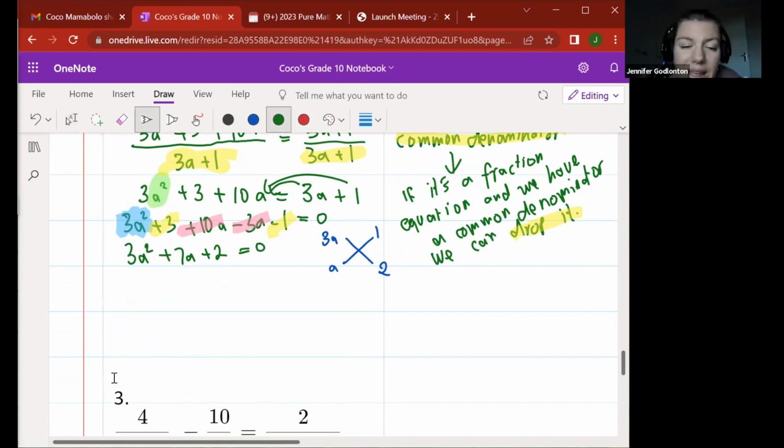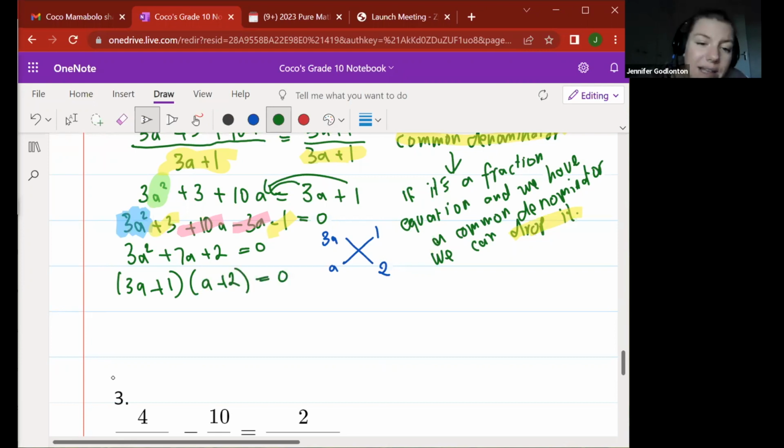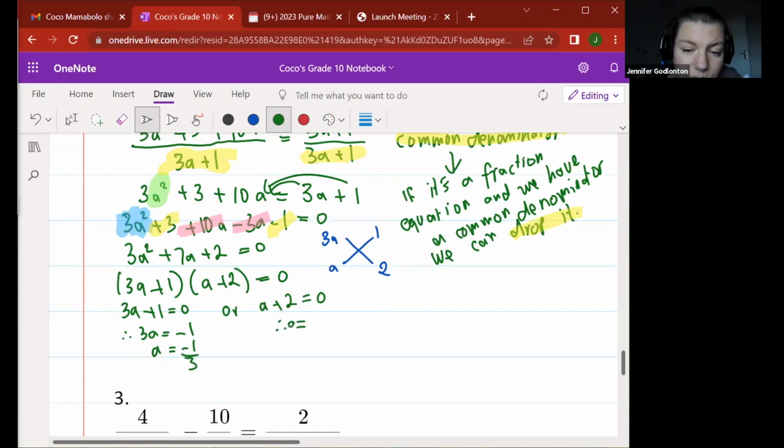So we're going to have 3a plus 1, and then we're going to have a plus 2 is equal to 0. And so then we're just going to split that up. So 3a plus 1 is equal to 0, or a plus 2 is equal to 0. Therefore, 3a equals -1, so a is -1 over 3, and on this side a is equal to -2.